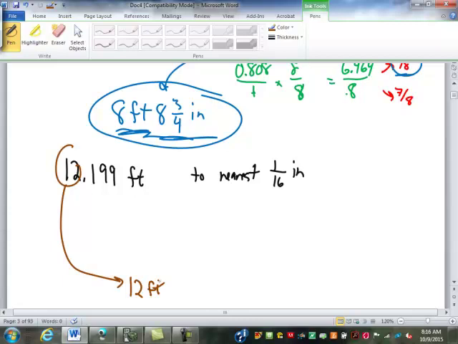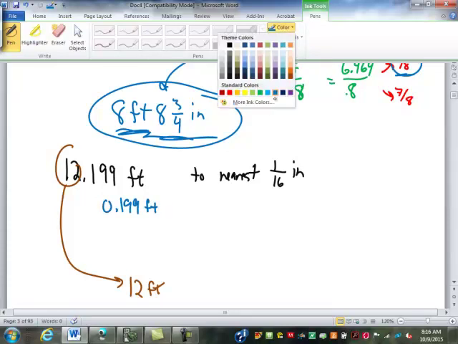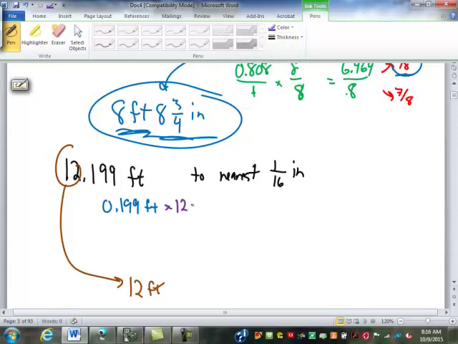That part's easy, right? I'm going to take my 0.199 feet and convert them into inches by doing what? Times 12, which is going to give me 2.388, correct? Inches. What's that telling me? Tells me we got 2 inches.